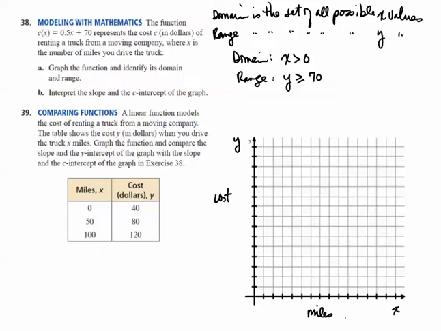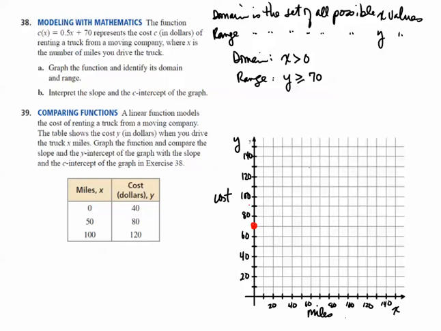All right, so we're going to graph this function. We're going to start at 70, so I will label my axes, where each tick mark represents either 10 miles on the x-axis or $10 on the y-axis. So we're going to start from 70 with the first function. Start at 70, and it goes up 0.5 for every mile.